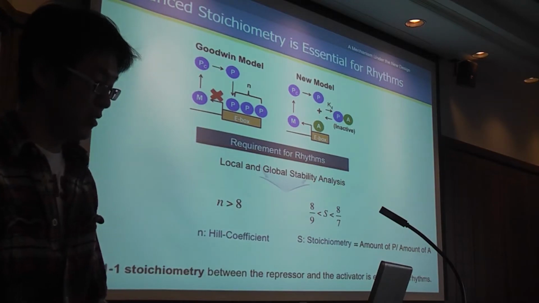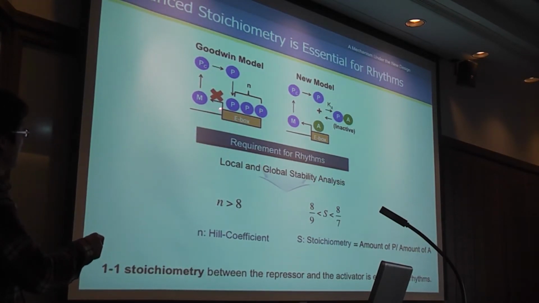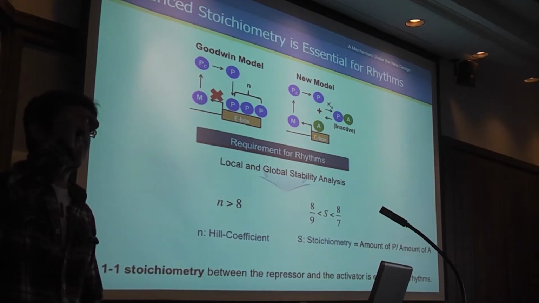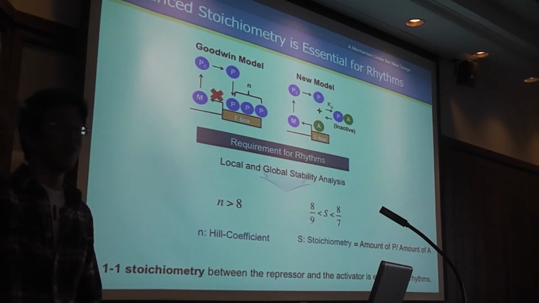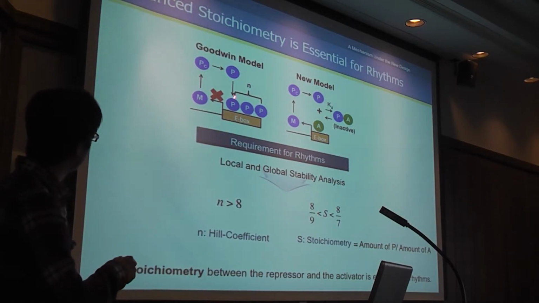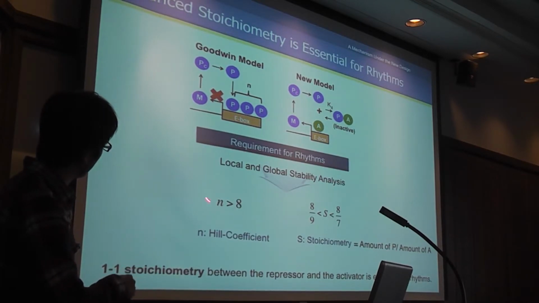Some true mathematical analysis. For this type of model, the Hill-type equation, to generate rhythm or oscillation, we need some steady state to become unstable, or an eigenvalue should be positive. So for this one, the necessary and sufficient condition to generate rhythm is that the number of binding sites should be greater than 8.